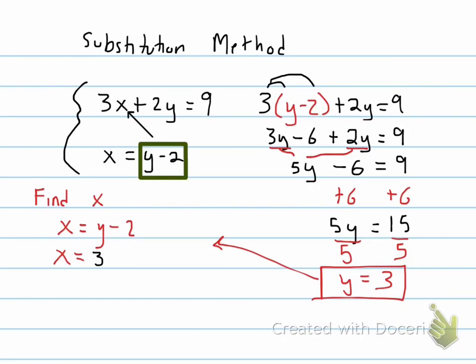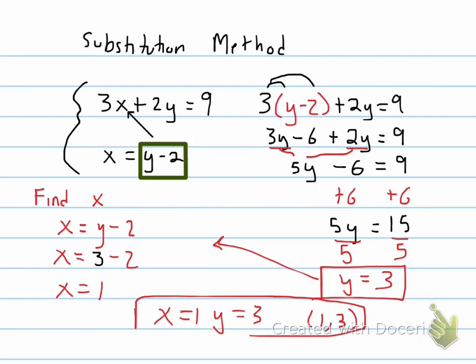And just so you guys don't get confused, I'll put all the rest in red. So x equals 3 minus 2, so x equals 1. So my answer is x equals 1 and y equals 3, or we could write it in coordinate pairs, which is 1, 3 is my answer down here. Okay? I'll pause here.